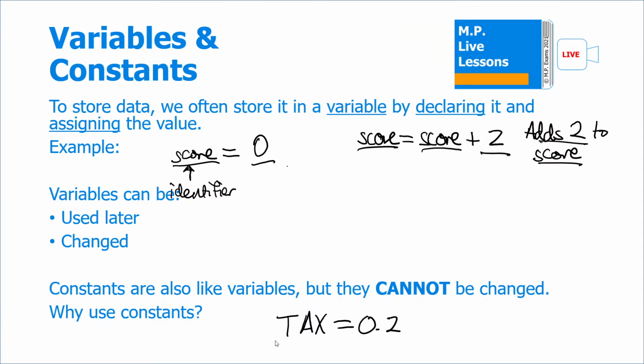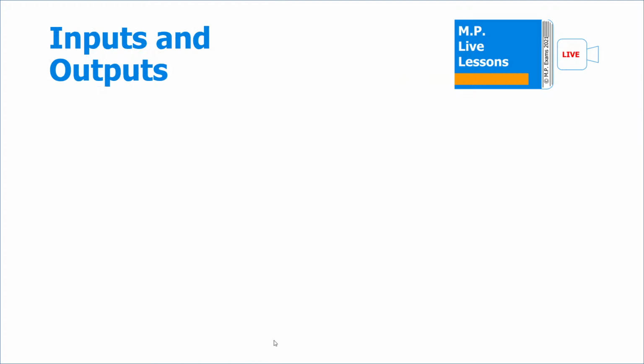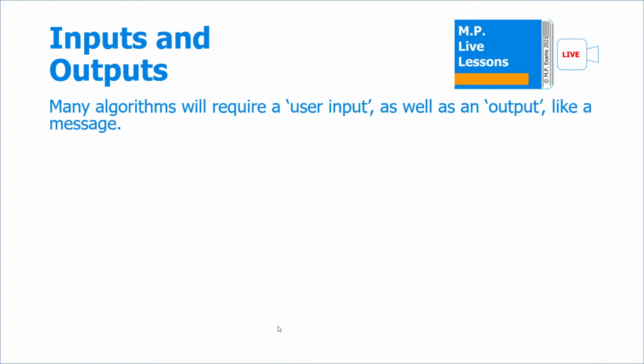The next thing you'll need to know about is inputs and outputs. So these are a way to communicate perhaps with the user, the program. Many algorithms will ask you for a user input if you want to input something and store it, often in a variable, as well as an output, for example, if we want to tell the user to do something or tell the user the information. Now, to input something, this is the command right here.